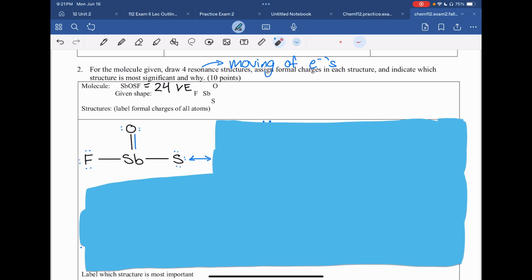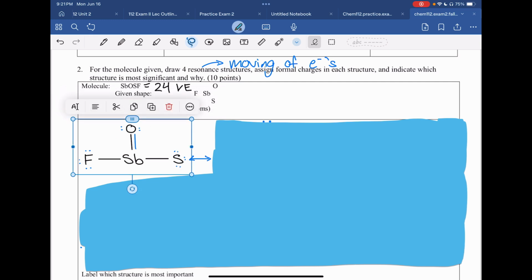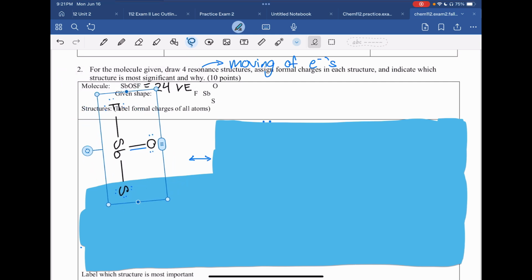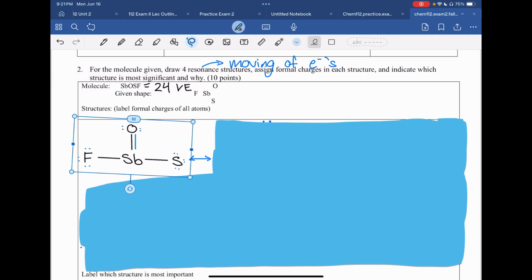So resonance is moving of electrons, not atoms. So if you just rotate this, you're moving the atoms around, not the electrons. That's not resonance. Okay? So it's easier for resonance if you have a double bond, right? You just move the double bond, make this one a double bond, make that one. Okay?